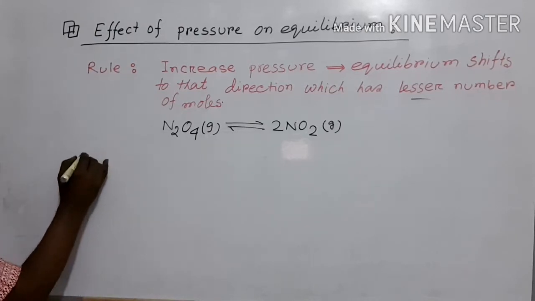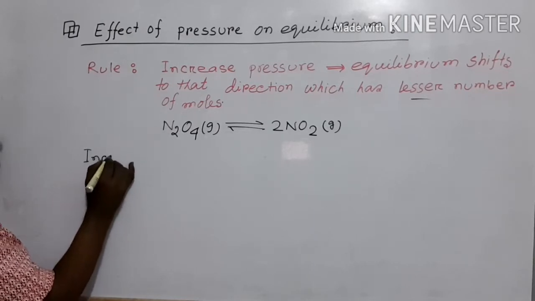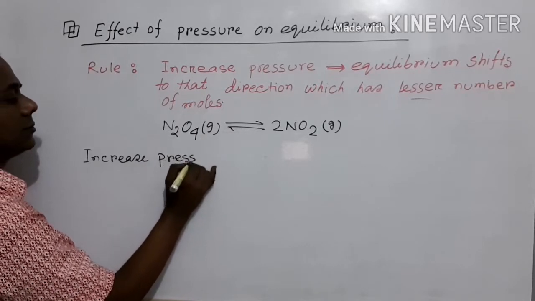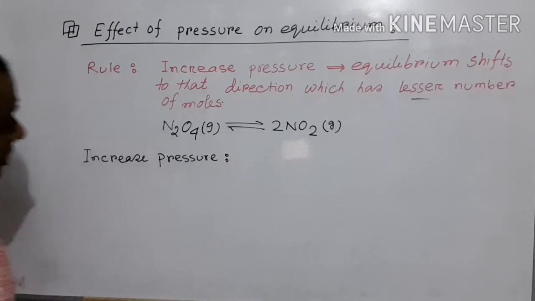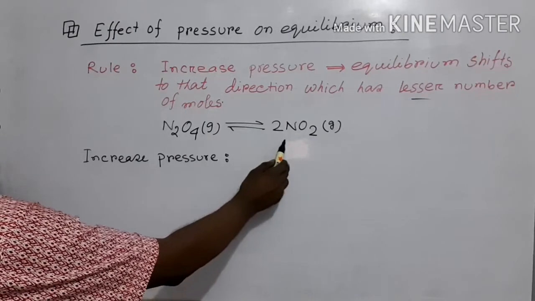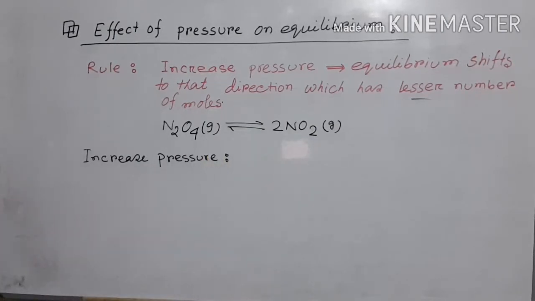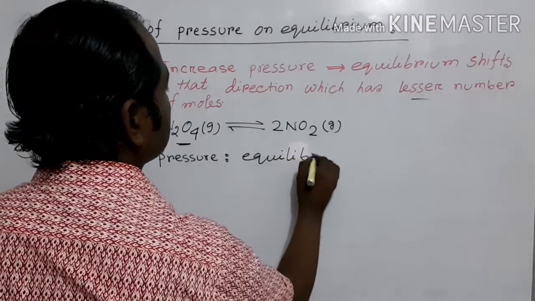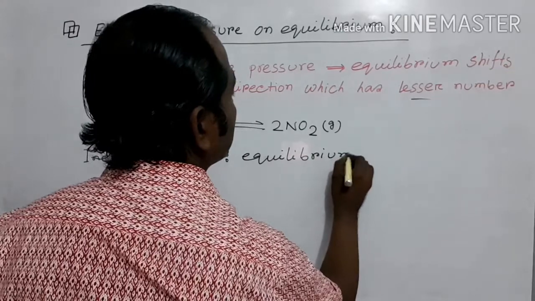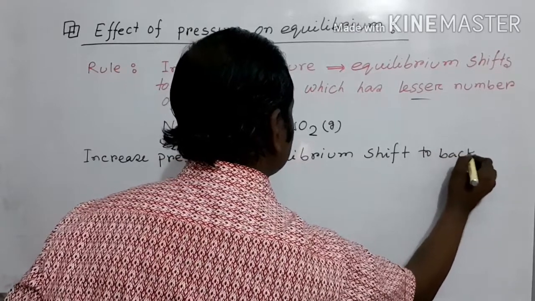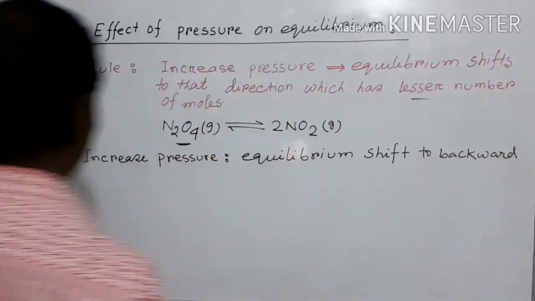So if we increase pressure, then the reaction goes backward because the lesser number of moles is there. Equilibrium shifts to backward.